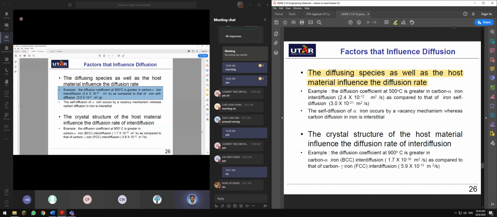This is due to the fact that the self-diffusion of alpha iron occurs by the vacancy mechanism, whereas carbon diffusion in iron is interstitial.